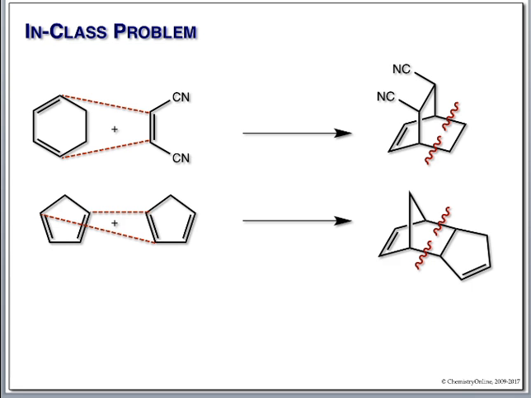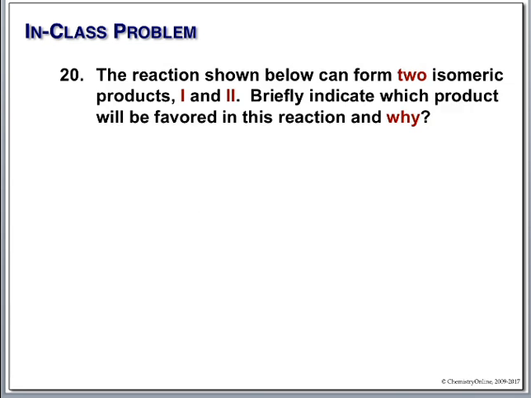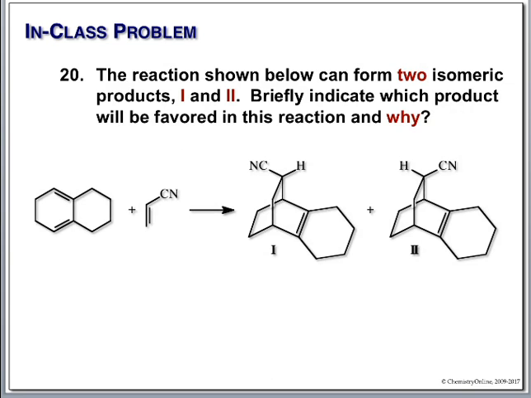Now the last one here, I kind of gave away on the previous problem. But this gives you a chance on the exam to actually use your words. Okay, isn't that neat? You get to write a sentence. The sentence is why? Why do we get one of these products and not the other?